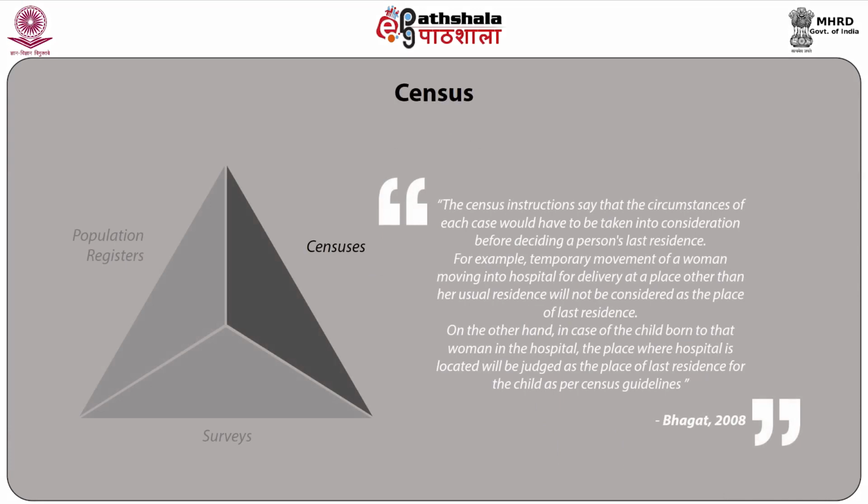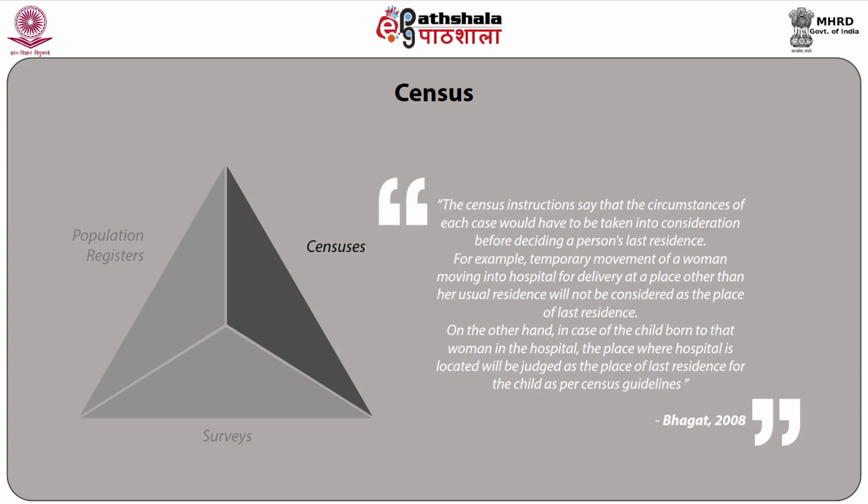The census instructions say that the circumstances of each case would have to be taken into consideration before deciding a person's last residence status. For example, the temporary movement of a woman into a hospital for delivery at a place other than her usual residence will not be considered as the place of last residence.